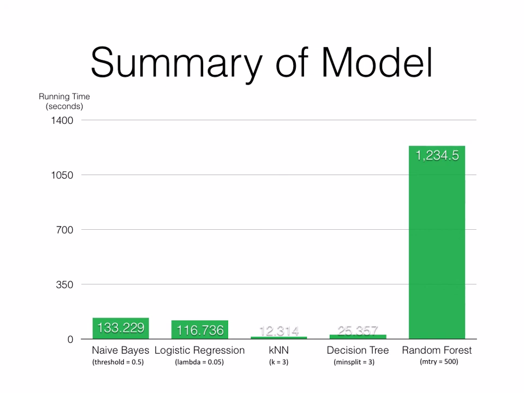For example, if you have 4 nodes and want trees equals 500, you need to build 125 trees on each node. So it still takes longer than just using a decision tree. A decision tree only needs to build one, and KNN is also very fast.